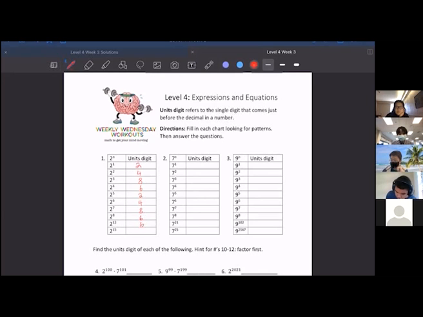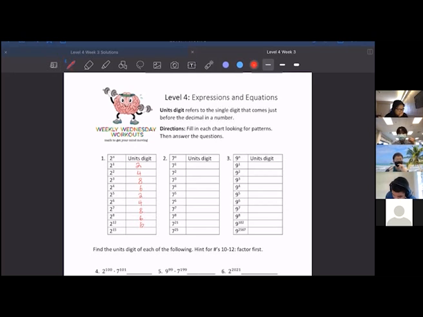So basically, 12 divided by 4 gives us 3 with a remainder of 0. And anything with a remainder of 0 gives us a units digit of 6. We can see that with 2 to the 8th power as well. 8 divided by 4 is 2 with a remainder of 0.